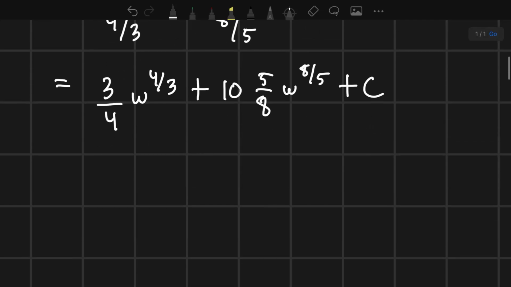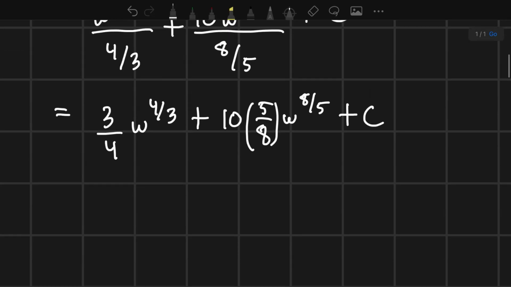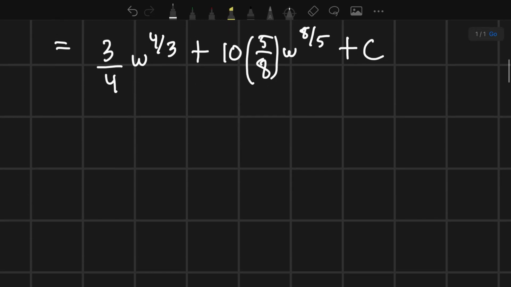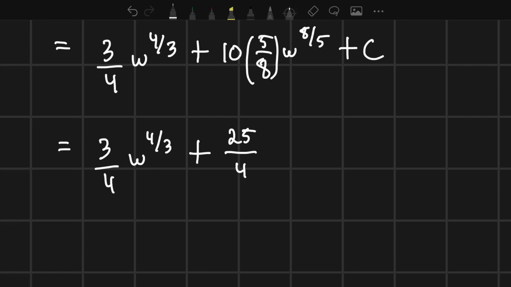We're not done. We have this part here that we need to multiply by 10. So 3 over 4 w to the 4 over 3 plus 10 times 5 over 8, which gives us 25 over 4 w to the 8 over 5 plus c.